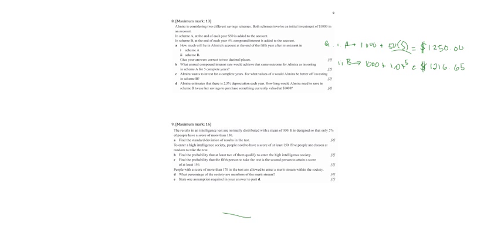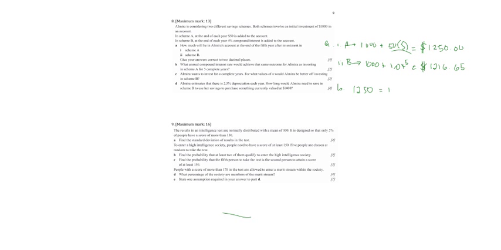Okay, for letter B, what compound interest rate would achieve the same outcome for Almira's investing in scheme A for 5 complete years? So 5 complete years, it's 1250. If we're going to invest with a compound interest, the question is what shall be the interest rate?